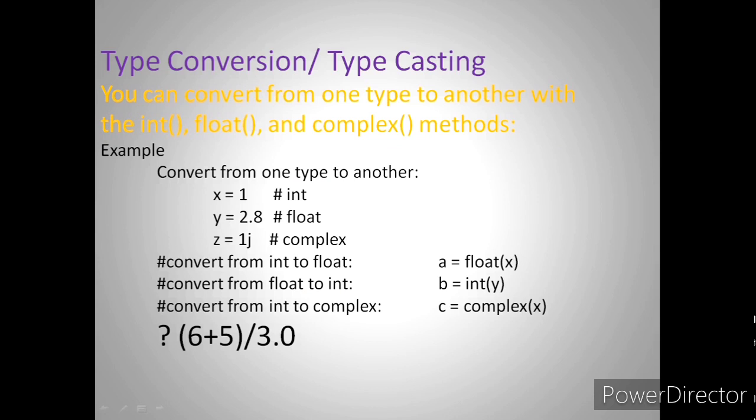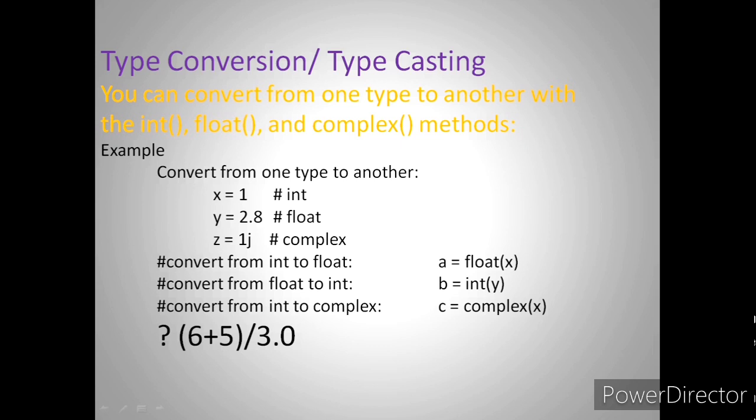Next, again I'm taking an example for the conversion of int, float and complex. I have taken the variable x as 1, y is equal to 2.8 and z is equal to 1j. Now I am trying to convert from int to float.